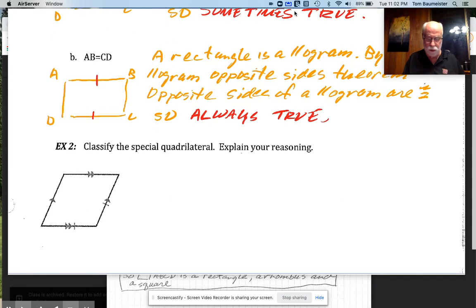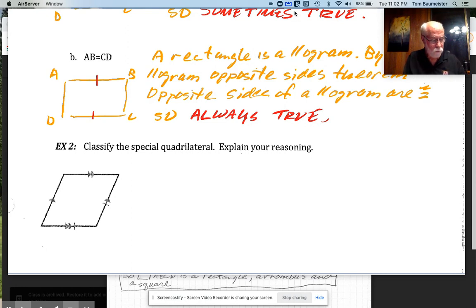All right, example 2, classify the special quadrilateral and explain your reasoning. So if you look at what they have here, we know it's a parallelogram because those are parallel, and these two sides are parallel. And what else are they showing us? They're showing us that these two consecutive sides are congruent.